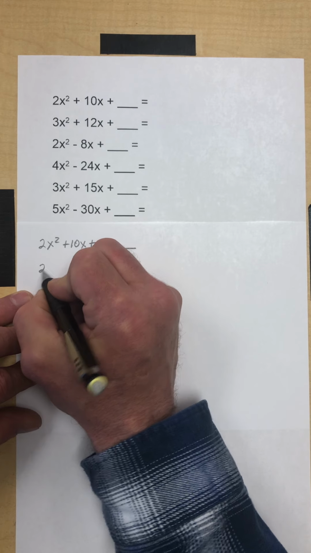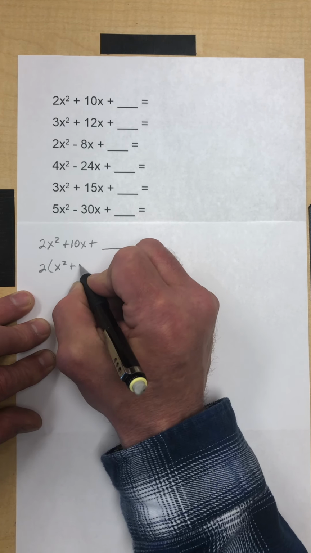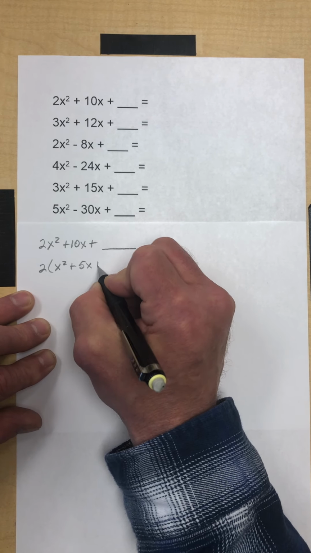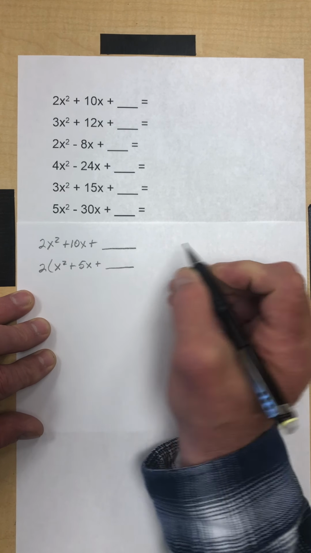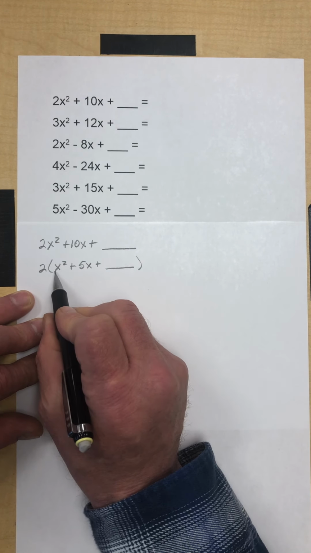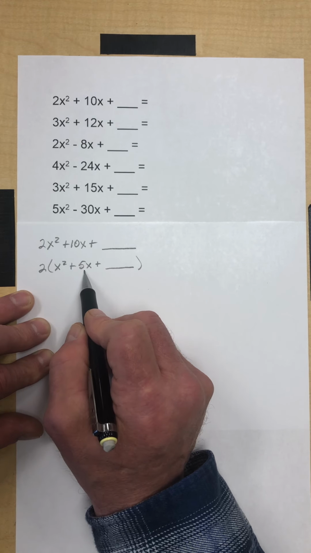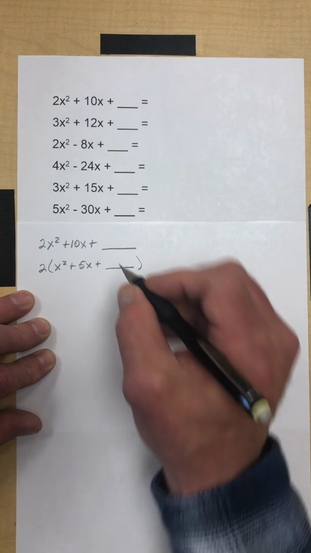When I factor out the 2, I'm left with x squared plus 5x plus whatever that has to be right there. Now that inside these parentheses the leading coefficient is 1, I can use the same rule I've been using.